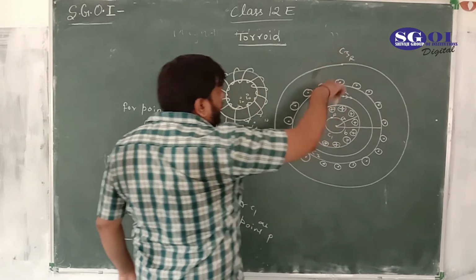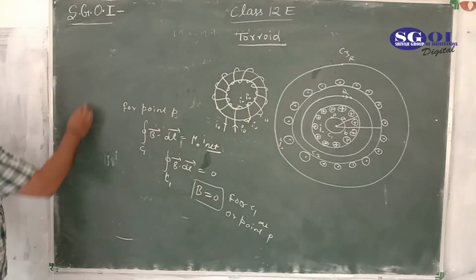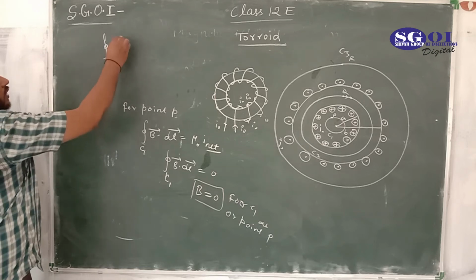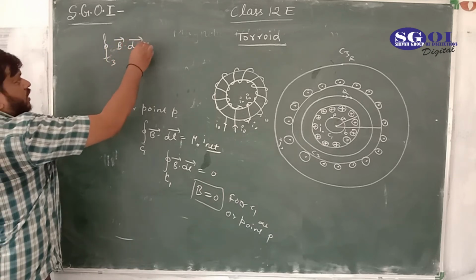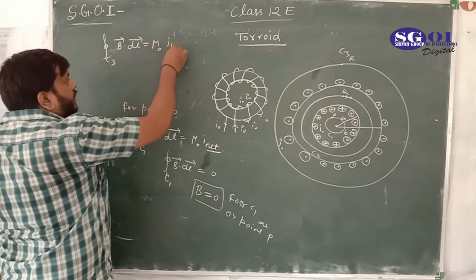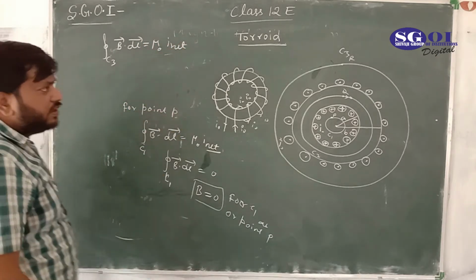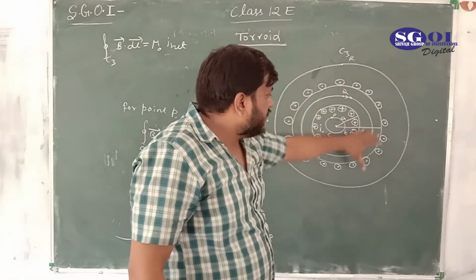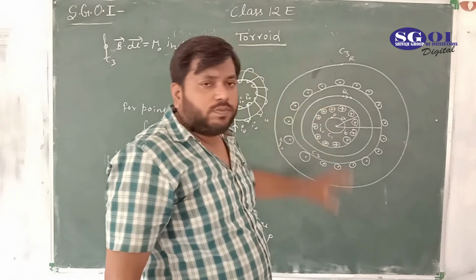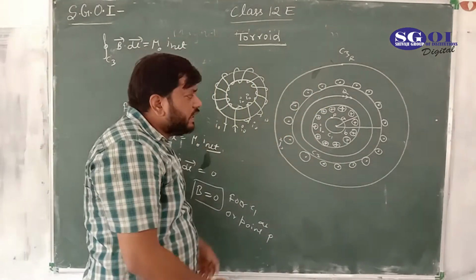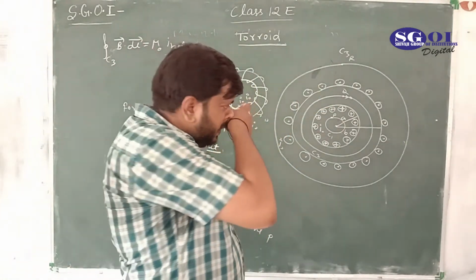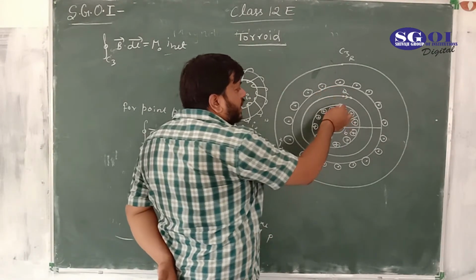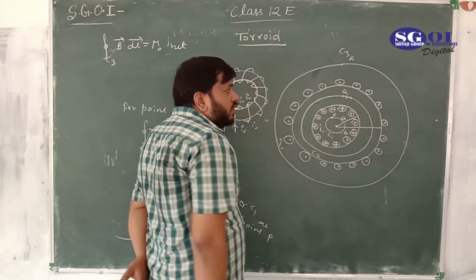At this point, let's solve for this. Integration over the curve C3 B dot dl equal to mu naught times I net. Let's concentrate on I net. So for this loop, this portion is inside this loop, and what is the total current which is passing through this loop? Let's see. Current is going in I0, current is coming out I0, current is going in I0, current is coming out I0.